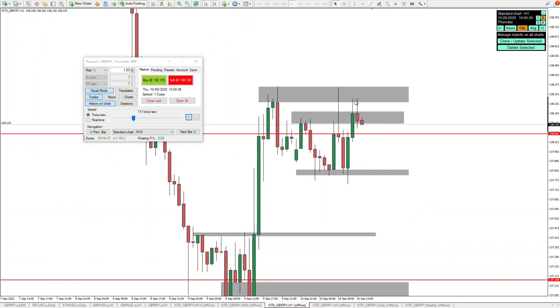Again, two rejections of this area. What if we breach this low? We can correct this move. 24 pips, a risk of 21 pips. That's the hourly.